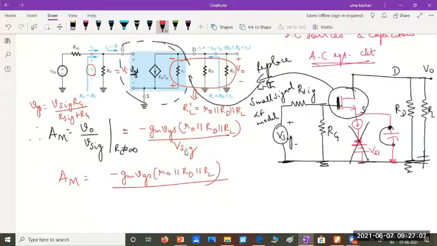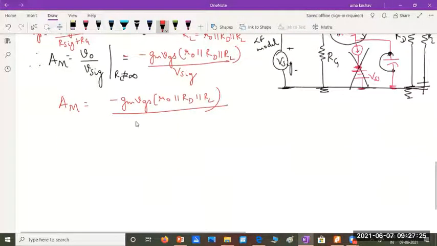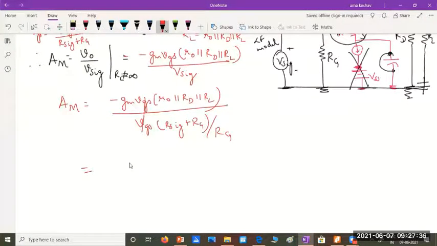I want the voltage in terms of VGS so that VGS cancels. So what is Vsig in terms of VGS? It will be VGS into Rsig plus RG divided by RG. Then VGS cancels out, and I will have the midband gain effectively as RG by Rsig plus RG.